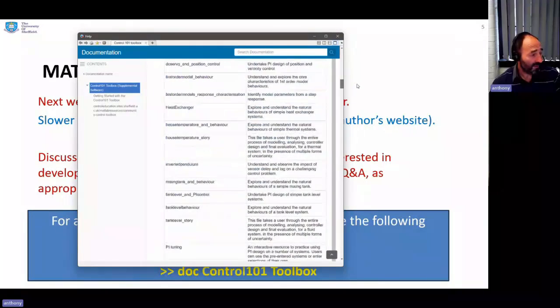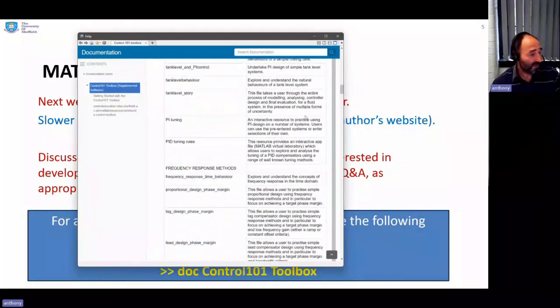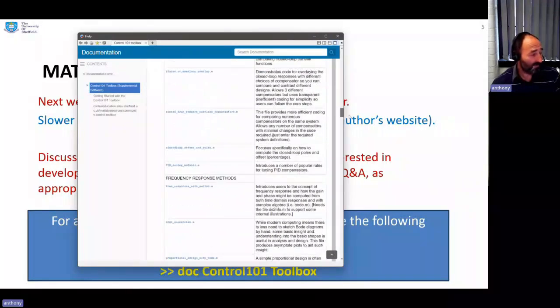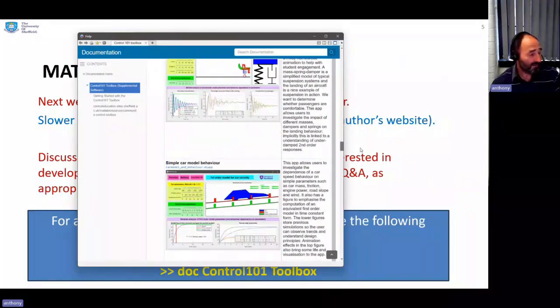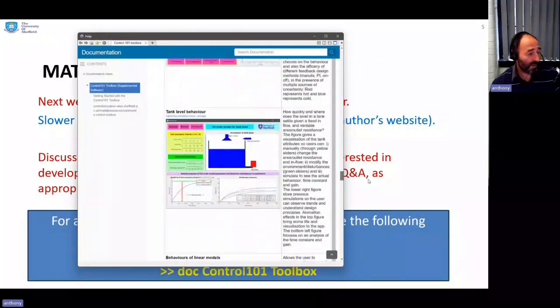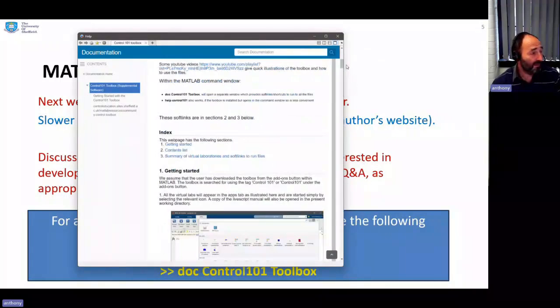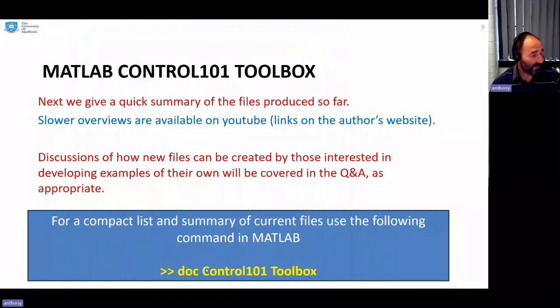And you'll notice it lists all the files and it's got a brief discussion of what's in each file. So there's live scripts and here are the virtual labs down here. So that command, very, very simple to do. So as you can see, doc control 101 toolbox, notice the capitals, they're quite critical. It will open that separate window and away you go.